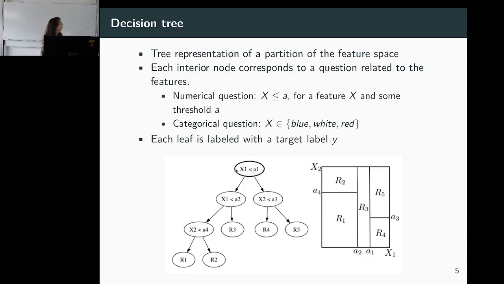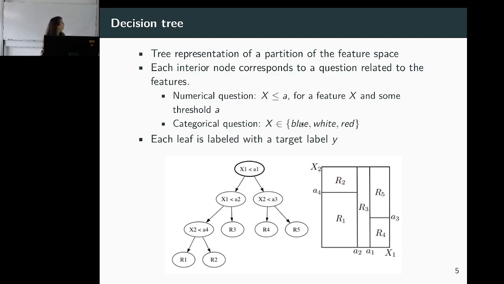For example, if the feature is a numerical feature, the question would be whether our feature is less than or equal to some threshold a. If we answer yes, we go to the left, or with no, we go to the right, and we keep on asking. Or it could be a categorical question.